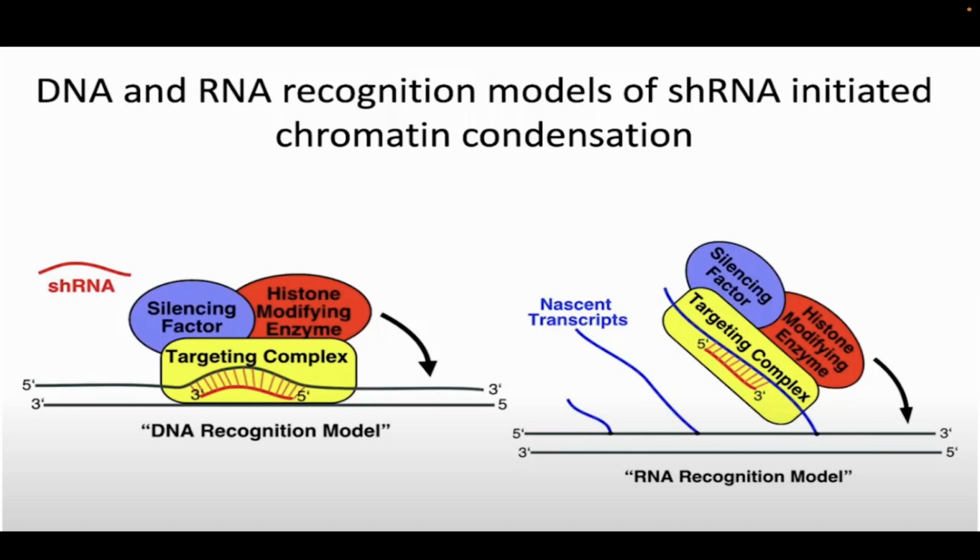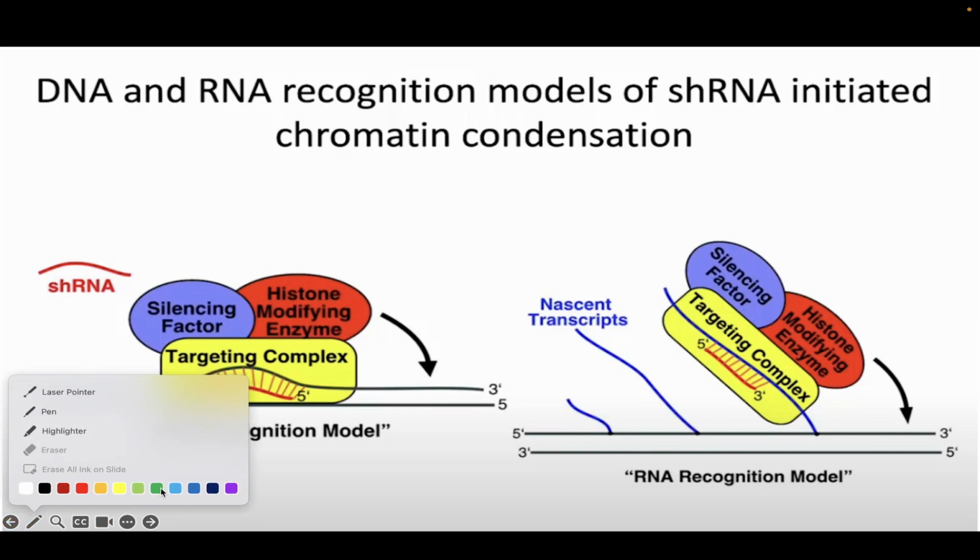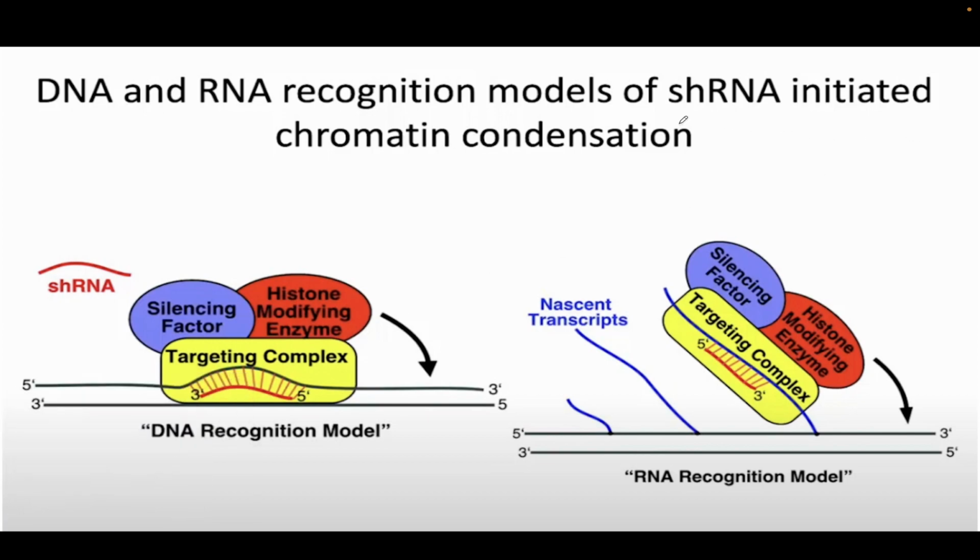So for this long chromosome to transform into a Barr body, there are multiple processes happening at that time. And here shRNA-mediated chromosome condensation has been shown. There are two models here.